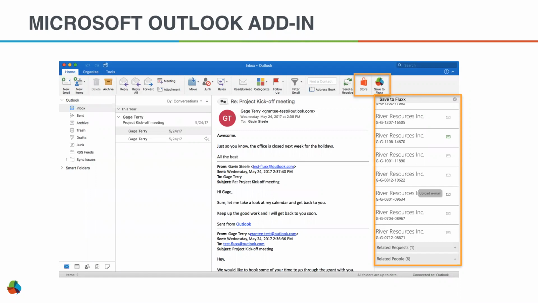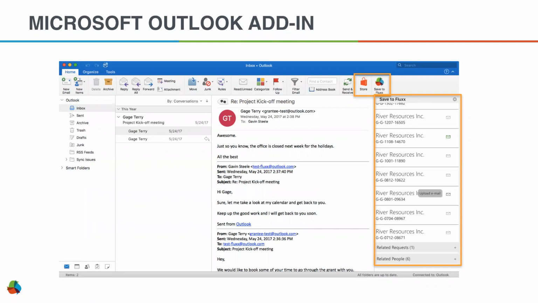This will give you the option to select which record to connect the email to. You'll see a light gray icon, and simply clicking on that light gray icon will connect that particular email to that record. You can see which records have already been connected by the slightly darkened green icon.